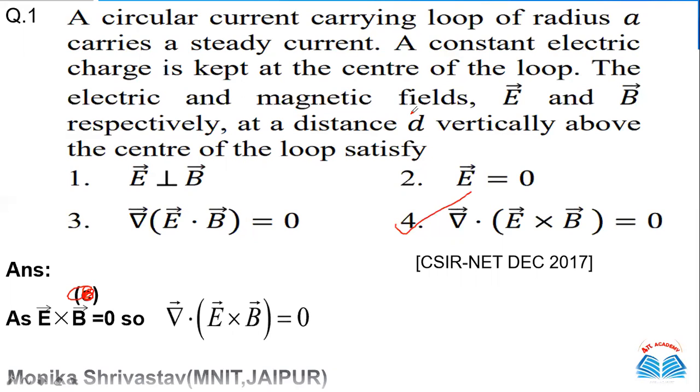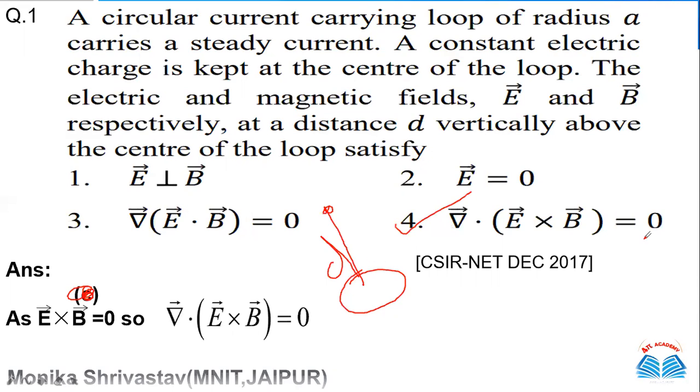This is the center, and at some distance d. On this loop, the electric field is perpendicular to the magnetic field, but not at this point. That is why I cannot tick option 1 as your right answer. Can you understand? Yes, ma'am. So option 4 will be the right one.